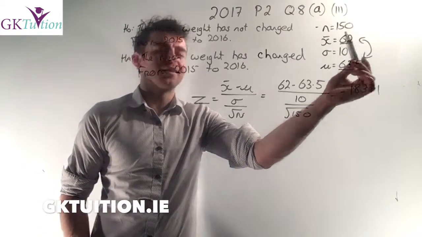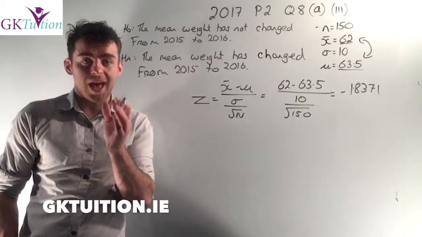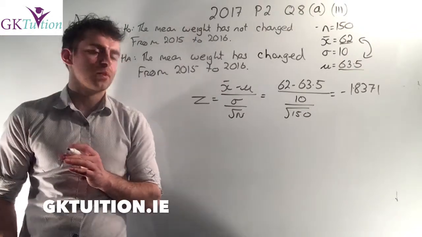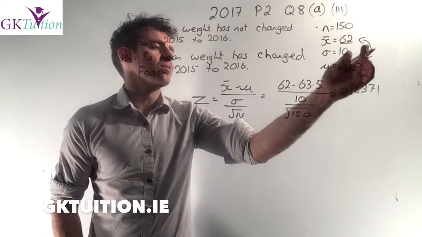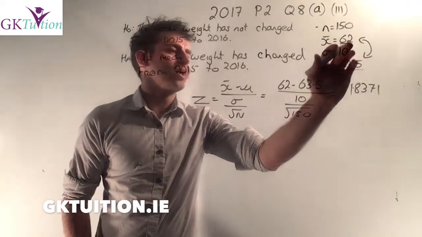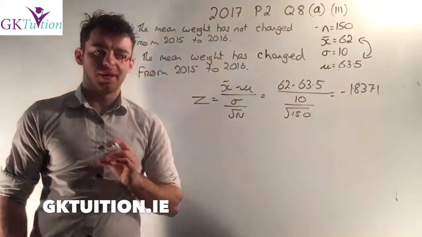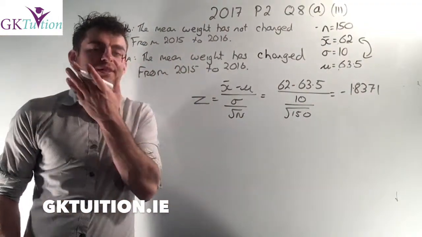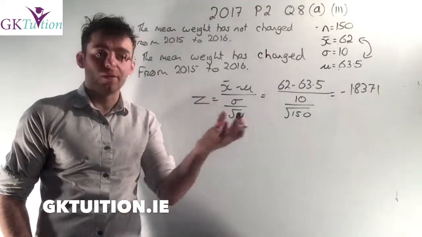It could be that the 150 15-year-olds that the researcher weighed just happened to be below the average. So in a hypothesis test, we need to measure this. We need to figure out, is there a statistically significant difference between the 62, the result of your sample, and the 63, which is the population mean? Is it a statistically significant difference, or is it just a coincidence? Which it very well could be.